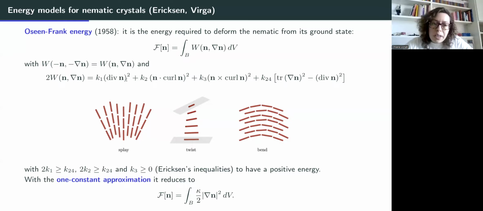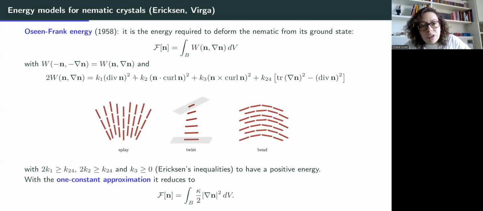So we have K1, K2, K3, and K24 that are constants that can be any constant. In particular, they have to satisfy these relations that are called Ericksen inequalities that guarantee that this energy density is positive. And here you can see we have four terms.